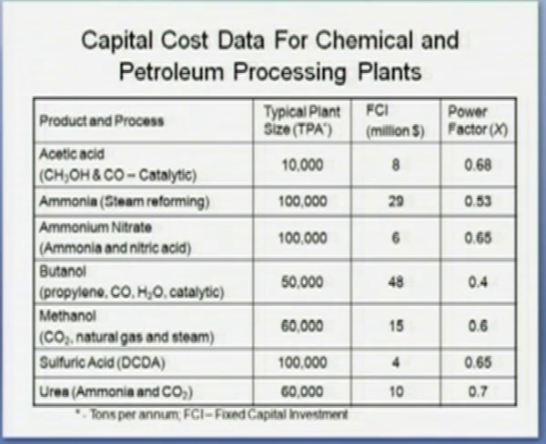That again I leave as an exercise to do with cost indices. So, for an acetic acid plant of 10,000 tons per annum capacity, the fixed capital investment is $8 million and the power factor is 0.68. So, accordingly you can estimate the cost for a new plant with different plant size using this data.